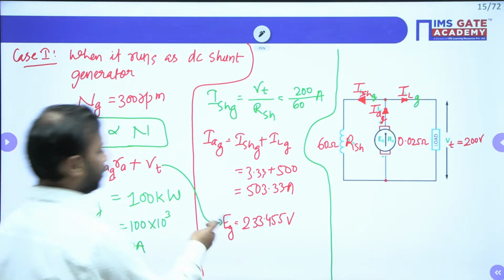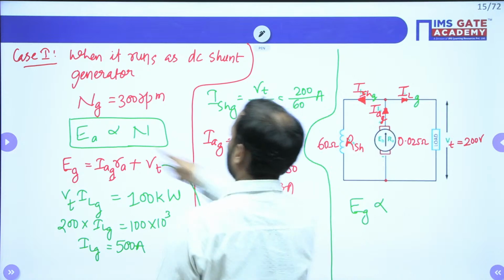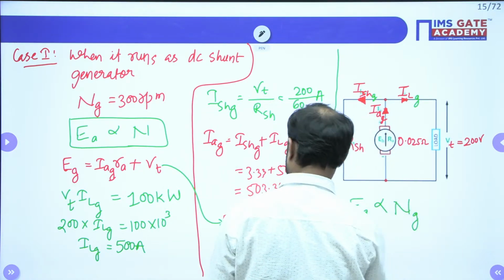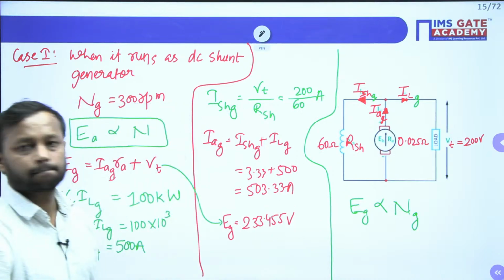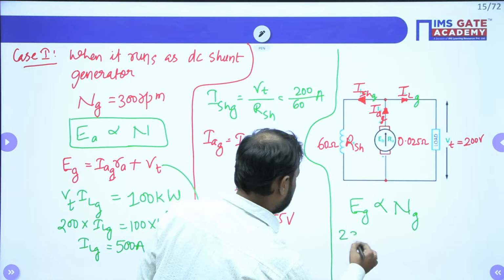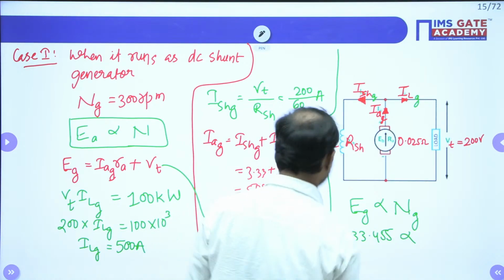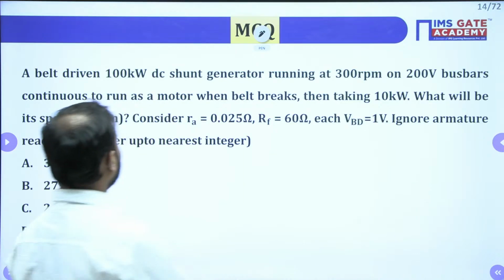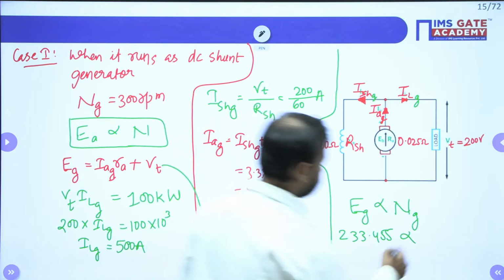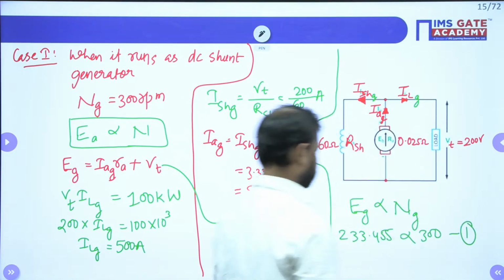Clear? And this EG is proportional to the generator speed. So 233.455 is proportional to the speed of the generator, which is given to us: 300 RPM. Let me take this as the first equation.